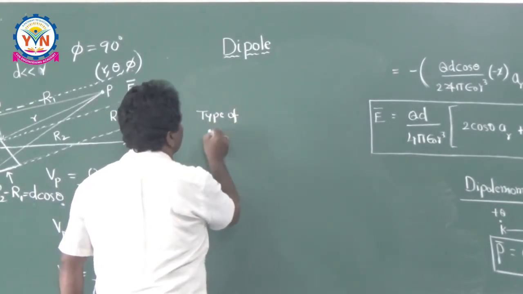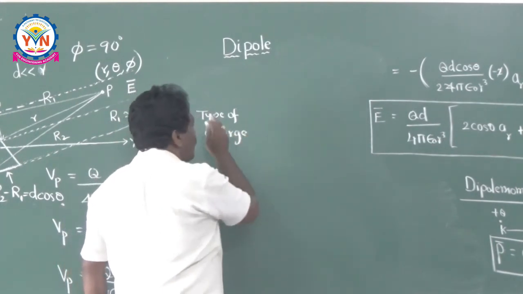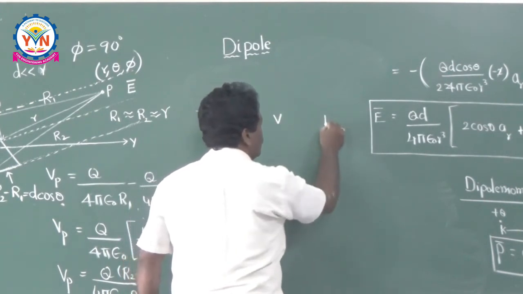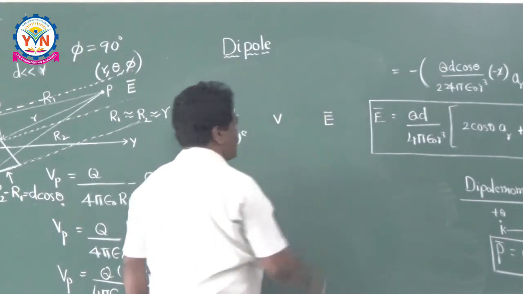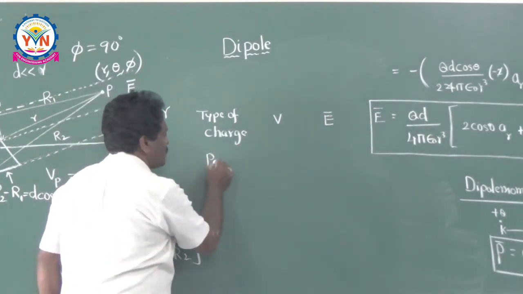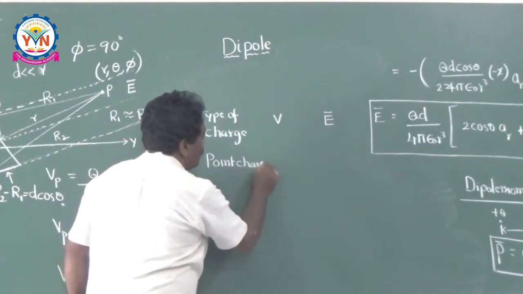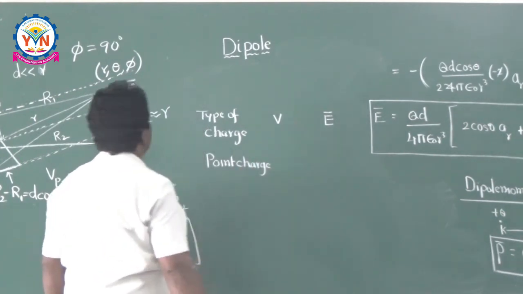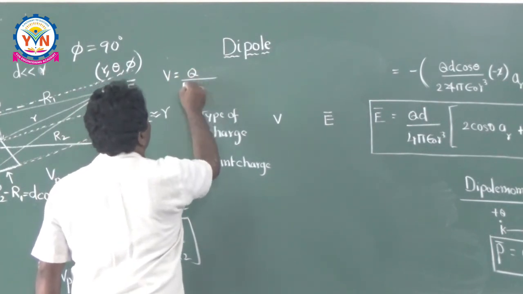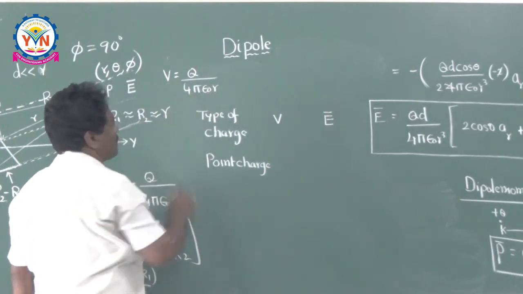Now listen, type of charge. Then second one is, for these charges, I would like to tell you what the potential expression is, and what the electric field intensity expression is. The very first one is the point charge, because we started the discussion with a point charge. Potential for a point charge, V is equal to Q by 4 pi epsilon naught into R. That means it is inversely proportional to distance for a single charge.